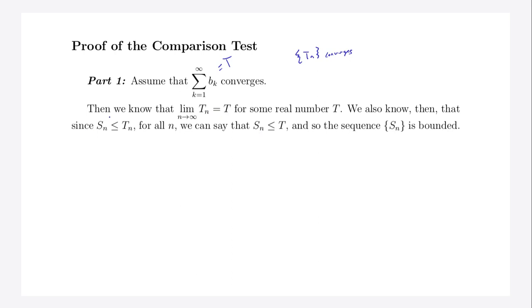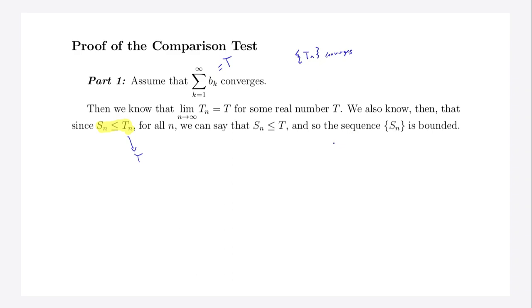Also, since we had this inequality from before, we know that as n gets bigger, this thing is going to go to t. And so for all the values of n, this other partial sum has got to be less than or equal to t. And so that means that our sequence is bounded above. So it's bounded because our partial sum is going to exist between 0 and t.